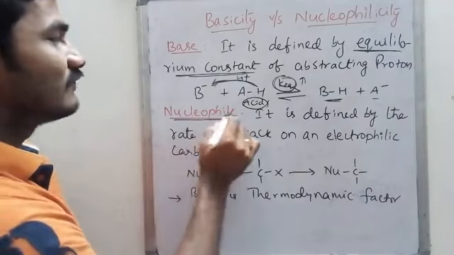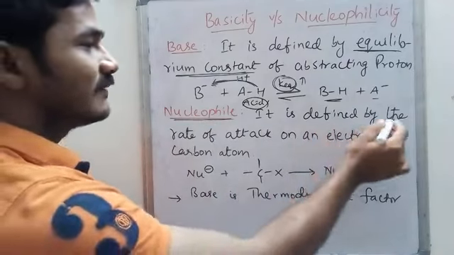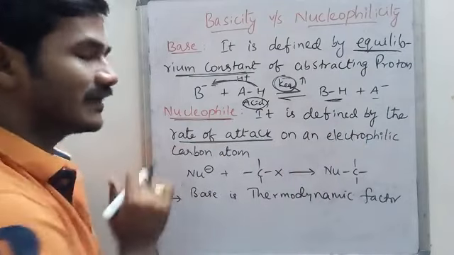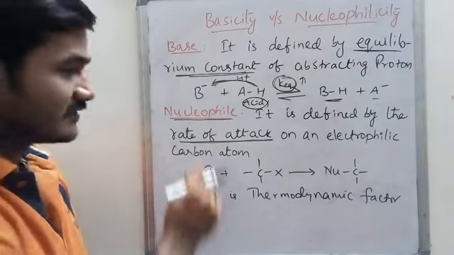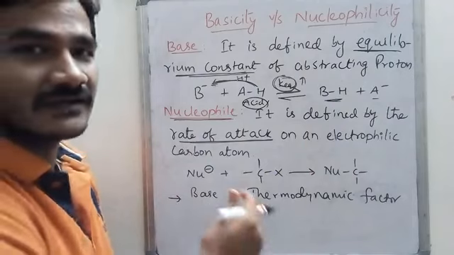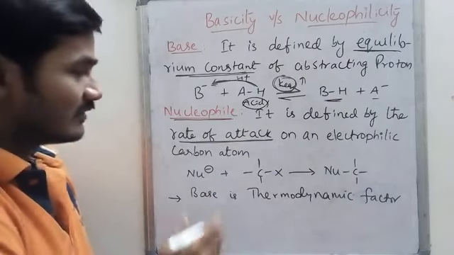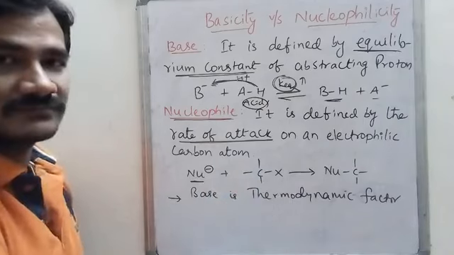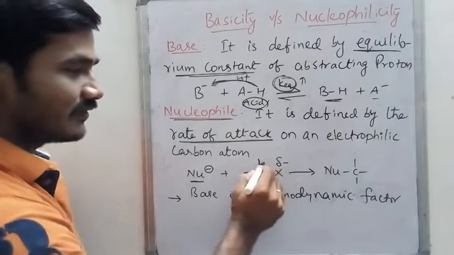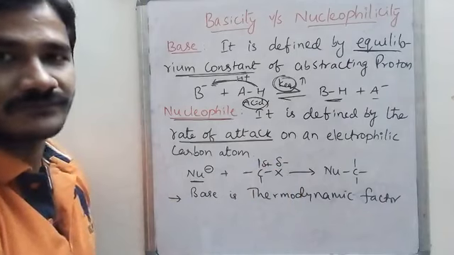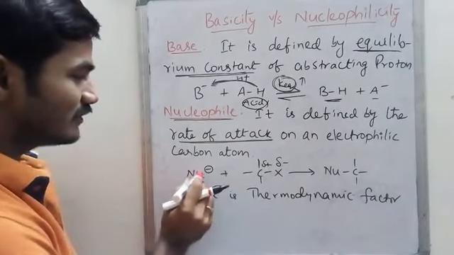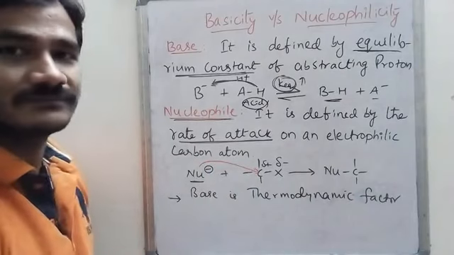If you observe nucleophile, it is defined by the rate of attack, the speed or rate of attack on the electrophilic carbon. For example, take a haloalkane. These halogens are electronegative, so this carbon becomes electropositive. When the electrophilic carbon is generated here, the nucleophile tries to attack at this carbon.